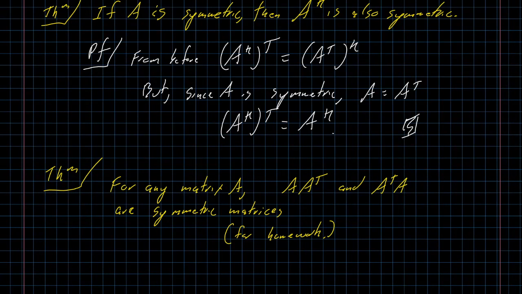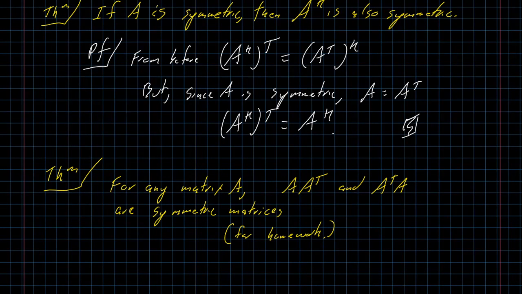I want you to get a little bit of practice playing around with matrices before that one. So that's not the problem I'm going to assign for this video, but that is something that you should try on your own: to prove that A times A transpose and A transpose times A are symmetric matrices. Not necessarily equal to each other, in fact, probably not equal to each other, but each on their own a symmetric matrix. Right? If matrix A is not square, then A times A transpose and A transpose times A are going to be two matrices of different dimensions. So it's definitely not symmetric with each other. They are two different matrices which are both symmetric.